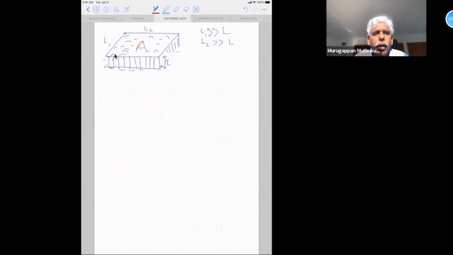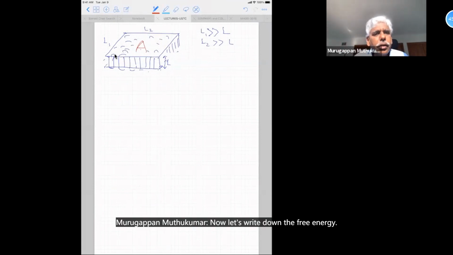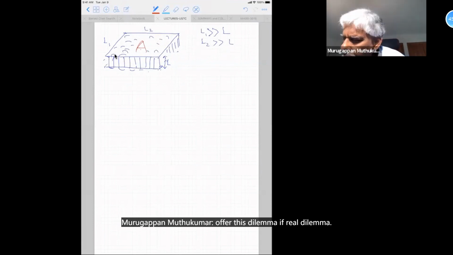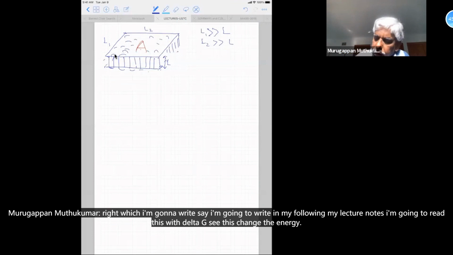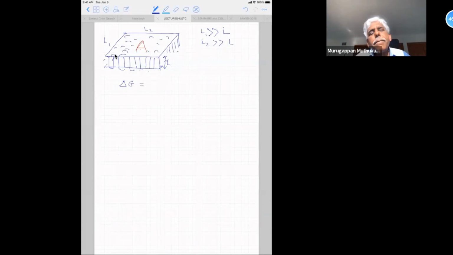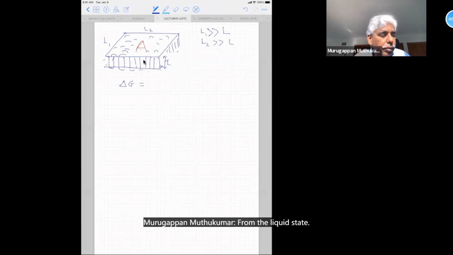Okay. Now let's write down the free energy of this lamella. Following my lecture notes, I'm going to write this with delta G. So this is the change in free energy in making this crystal from the liquid state.